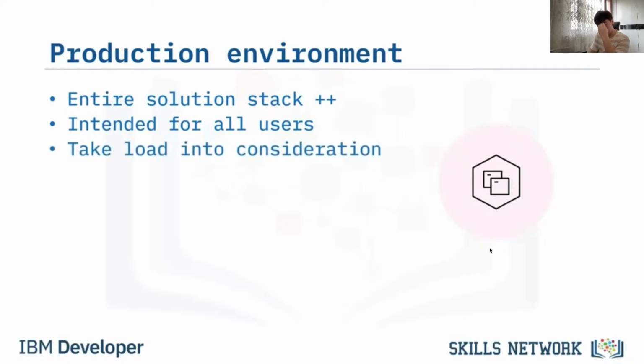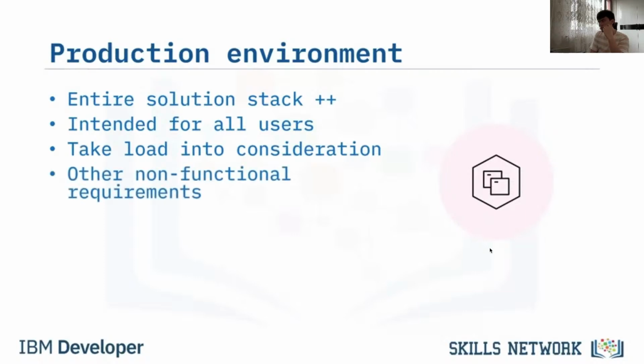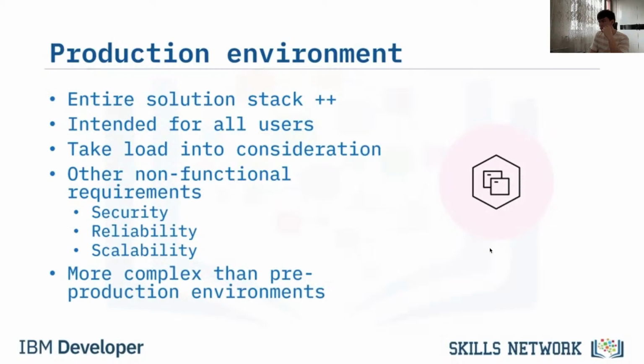Unlike the pre-production environments, this robust environment must take the application load into consideration because it is the environment intended for general use, possibly by thousands or millions of people at the same time for enterprise-level applications. Production environments must also take into account non-functional requirements like security, reliability, and scalability. This makes the production environment more complicated than the pre-production ones.